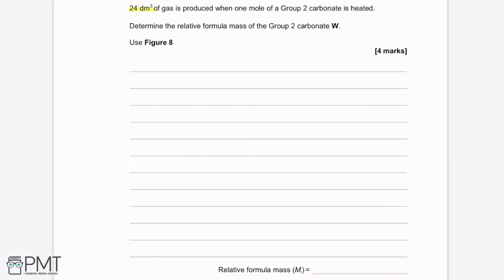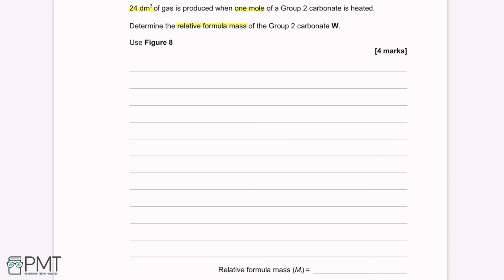24 decimeters cubed of gas is produced when 1 mole of a group 2 carbonate is heated. Determine the relative formula mass of the group 2 carbonate. Use figure 8. So for this question, we need to use the graph from the previous question. Now, there is no value of 24 decimeters cubed that we could read off the graph.